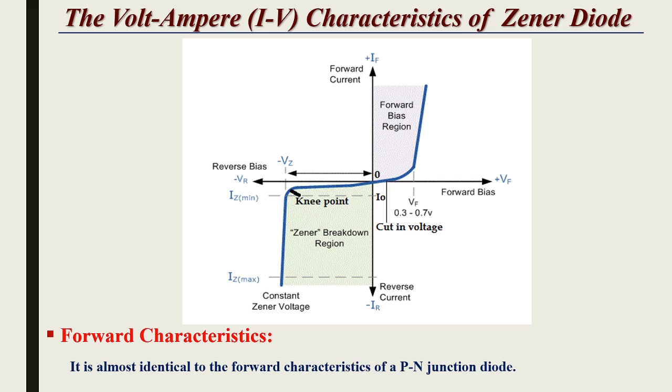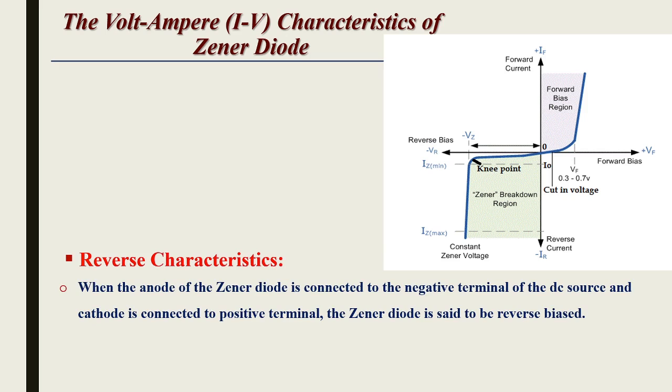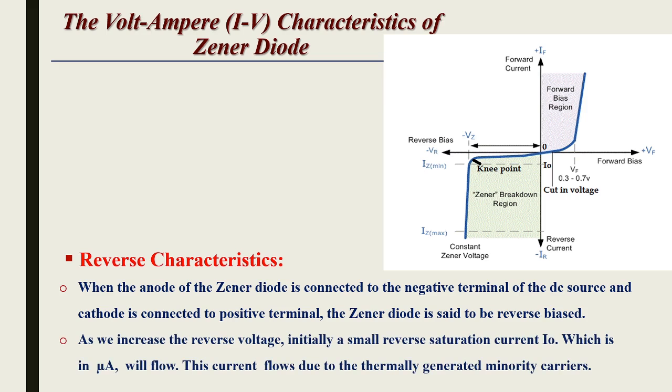The forward bias characteristics are almost identical to the forward characteristics of a PN junction diode. And for the reverse characteristics, when the anode of the Zener diode is connected to the negative terminal of the DC source and cathode is connected to the positive terminal, the Zener diode is said to be reverse biased.